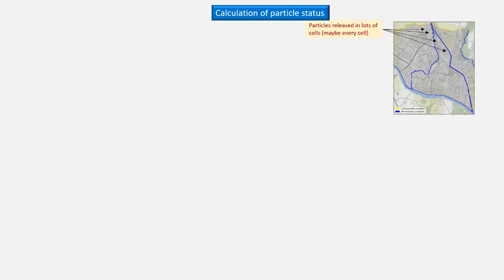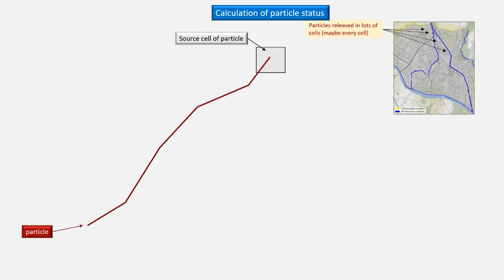We released particles all throughout this model domain, thousands of them, and they could flow where the groundwater flow field took them. So here's the source cell of a particle, and here's a particle. And our aim is to advect this particle through the flow field, gather information from the proximity of the particle to either detect wells or non-detect wells, and then transfer that information back to the sources of the particles.